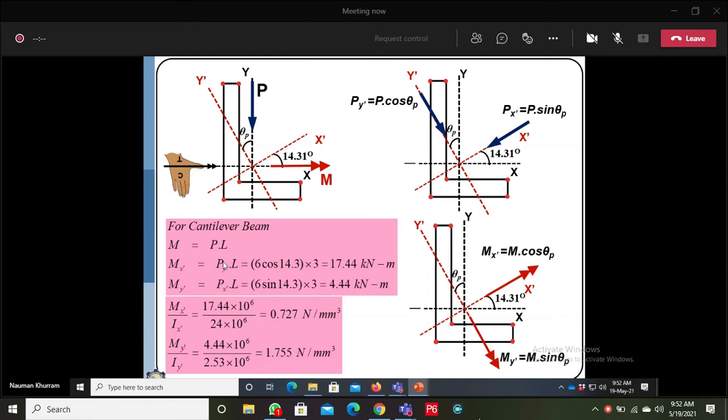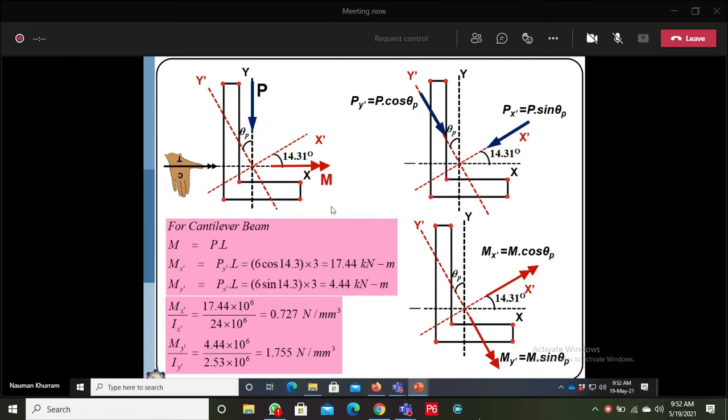So here for the cantilever beam, the resultant or maximum moment will be at the free end, which will be equal to P into L. If you want to determine the moment acting about the x-axis, the moment about the x-axis will be a function of the load which is acting in the y direction.